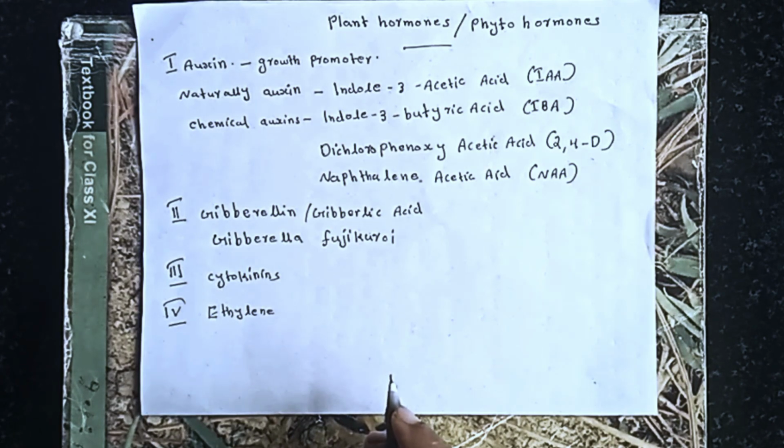Functions of ethylene: it induces or promotes ripening of fruits. It promotes senescence, that is old age, and abscission of leaves and flowers. Abscission means shedding of leaves and flowers. In cells, it only increases the width, not the length.